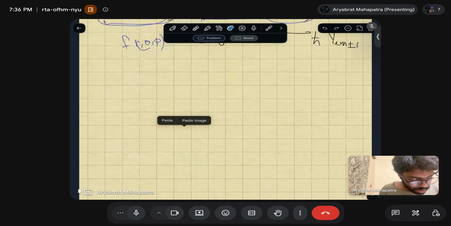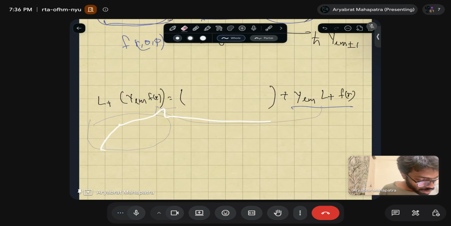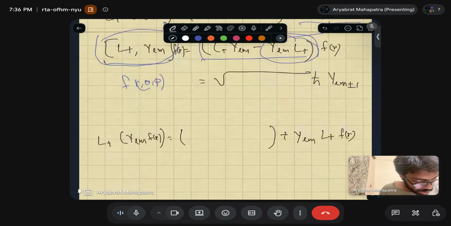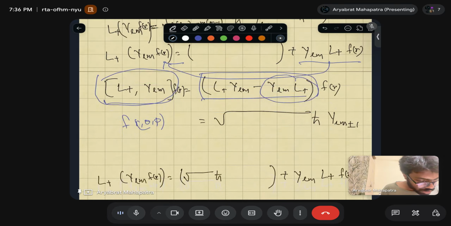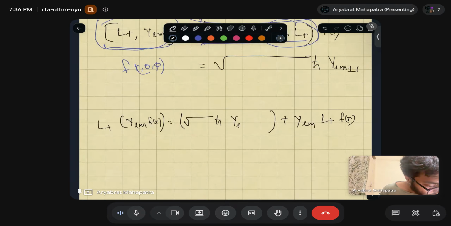Inside it I will have the square root, h bar, Y_l,m plus 1, acting on f of r theta phi.